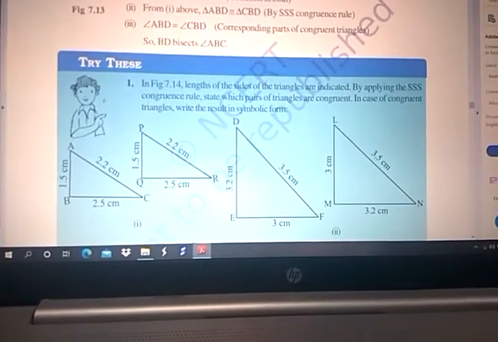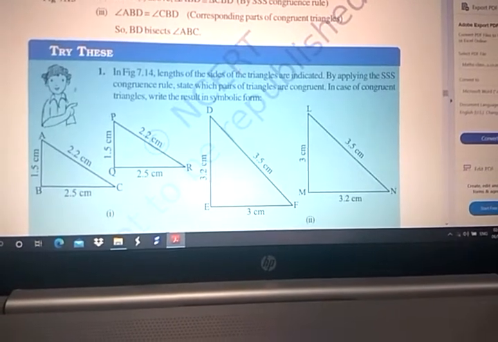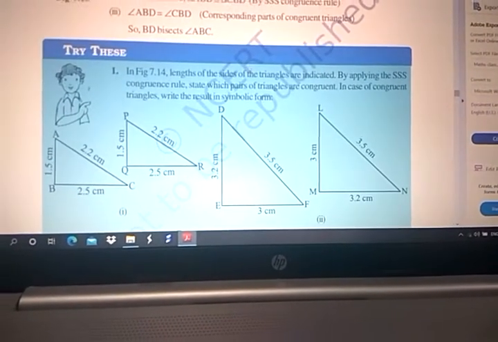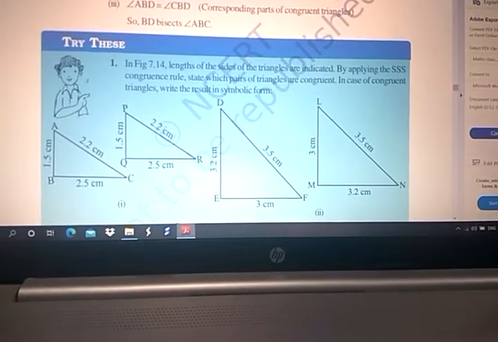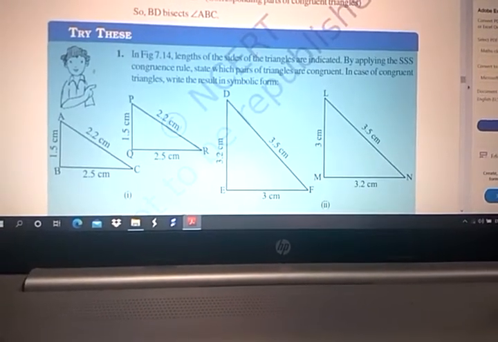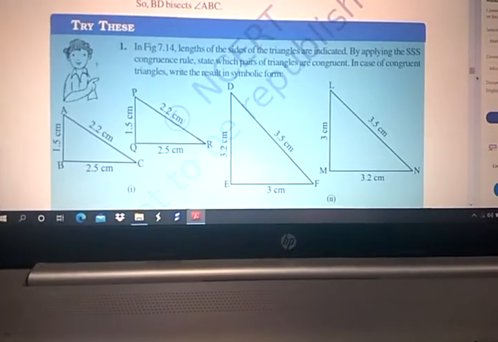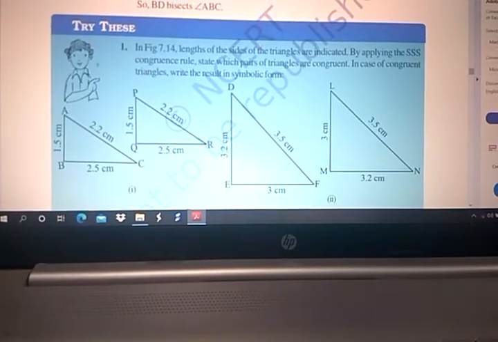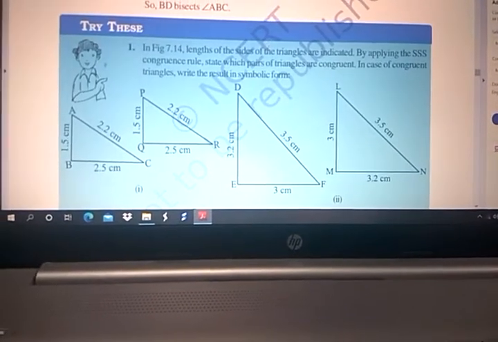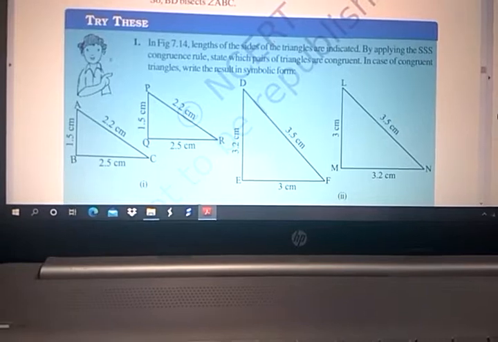Student, next we solve, try this. In figure 7.14, question number 1, pairs of triangles are given in 1, 2 and 3. We have to find out whether the SSS rule is satisfied or not.